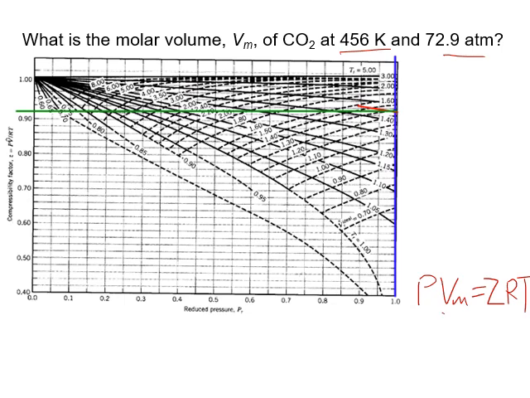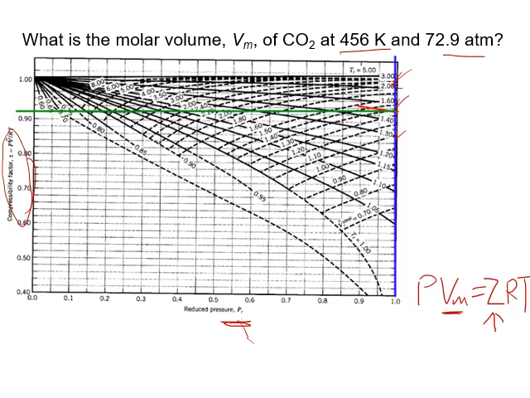And to calculate Vm, we first need to know the Z factor. Here is a plot of Z factor as a function of reduced pressure, with these numbers being reduced temperature. So in order to find Z, we need to calculate reduced temperature and reduced pressure.